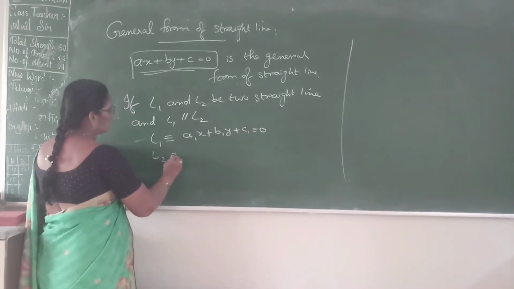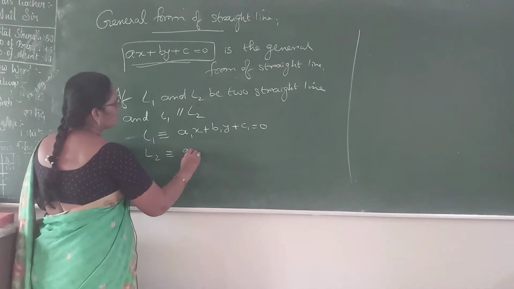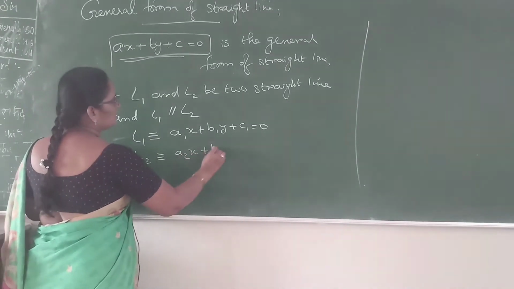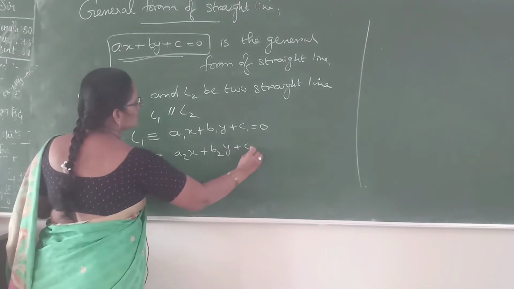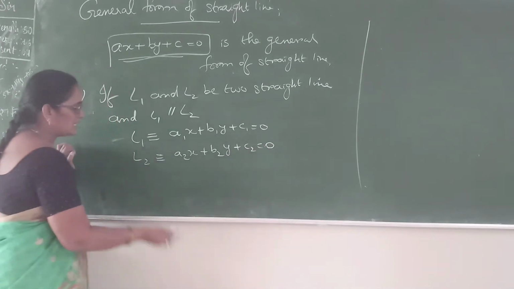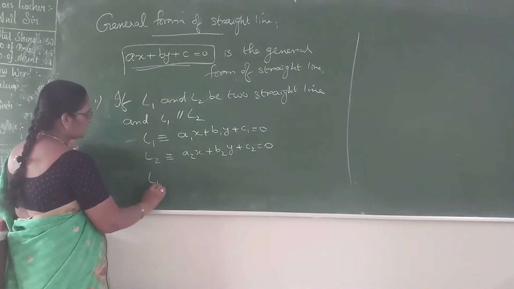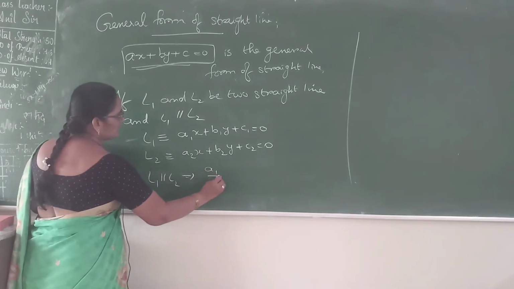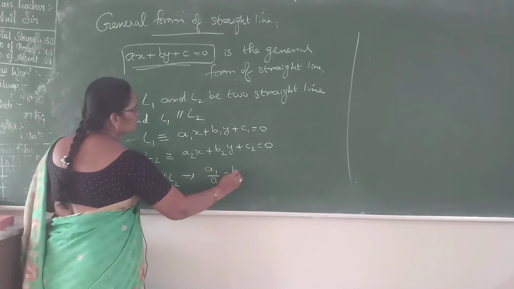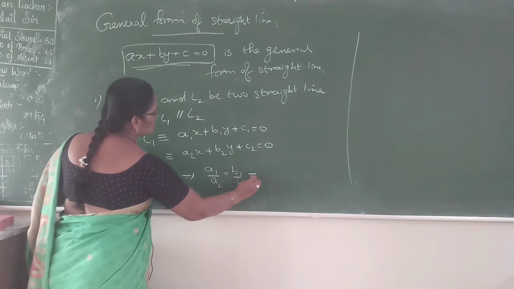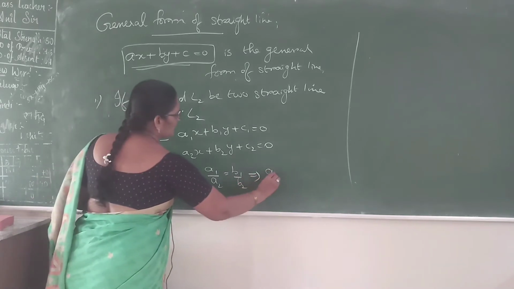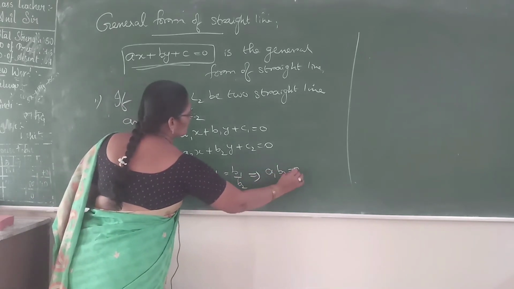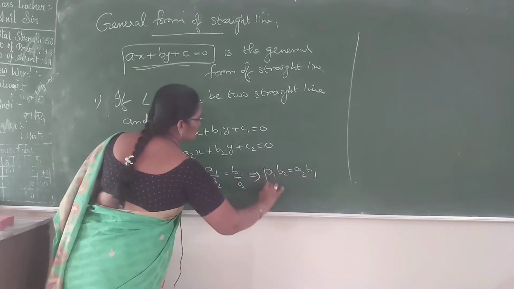What about L2? A2x plus B2y plus C2 equal to 0. Now, if L1 is parallel to L2, the condition is A1 by A2 is equal to B1 by B2, which also can be written as A1 B2 is equal to A2 B1.